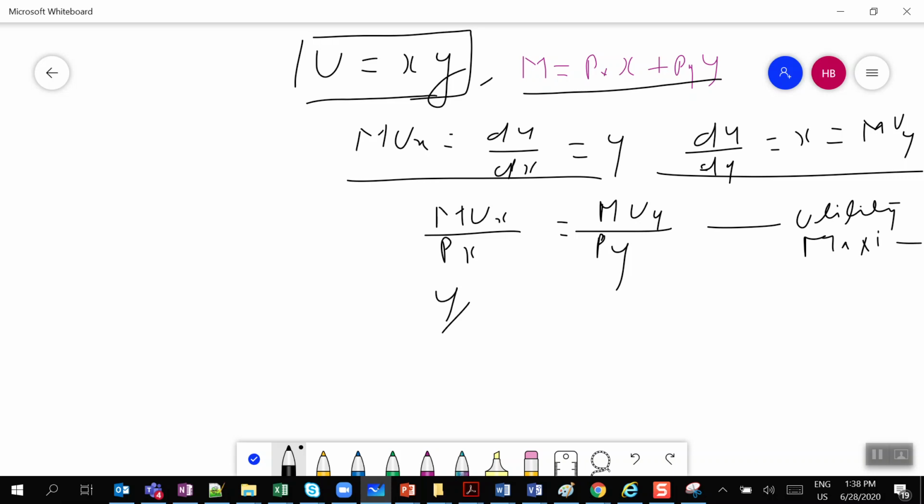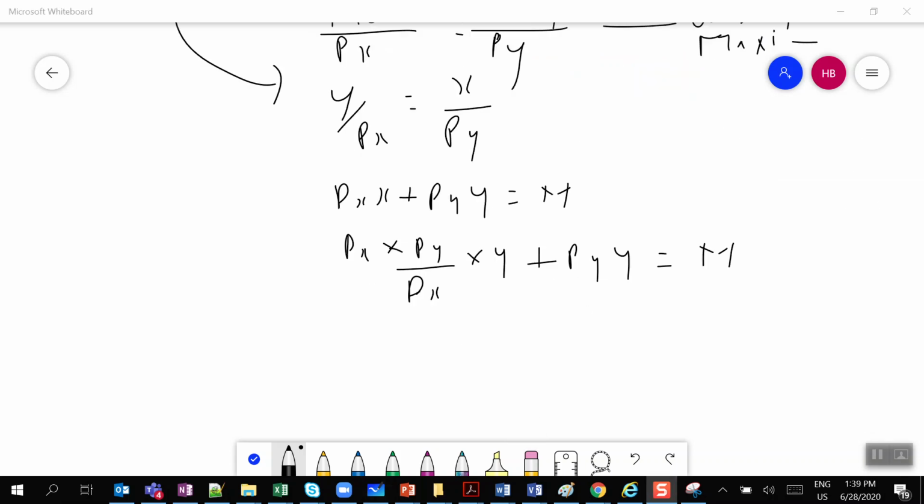So now you just have to put these into the equations. Marginal utility of x is y, so y by px is equal to x by py. We'll just put this into your income constraint equation. After putting it in, we can derive y.